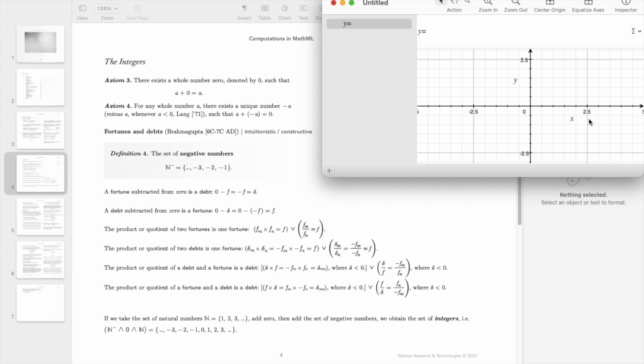Let's say I start with, again, a debt of $2.50. Let's say negative $2.50 divided by really any other positive number, then what do I end up with?